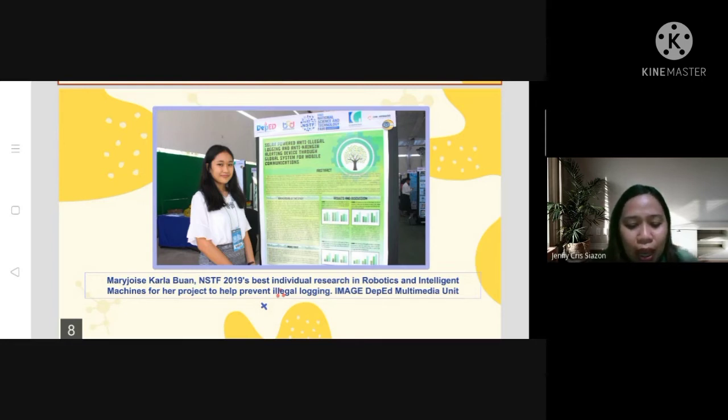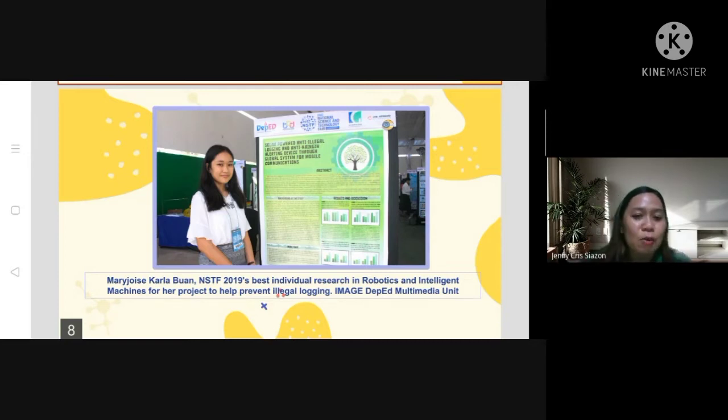So, can detect signs of fire, di ba? Heat, can detect the sound of a chainsaw. So, naka-attach po siya sa mga, of course, no, sa mga puno para makita kung merong mga taong nagko-conduct ng mga illegal logging and kaingin.